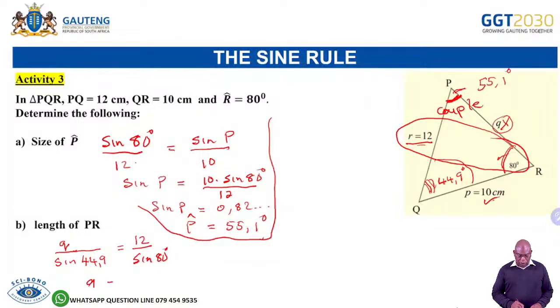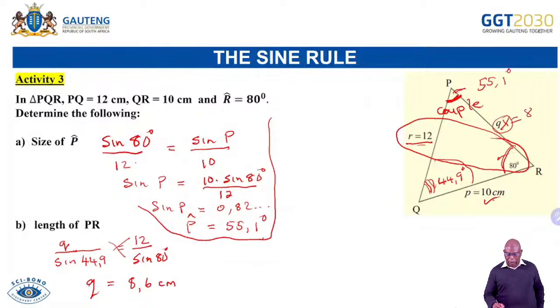Then I can make Q the subject of the formula and cross multiply. Then I have 12 multiplied by sine 44.9, then divide by sine 80. And I think that one will be 8.6 centimeters. So the length of that side here will be 8.6 centimeters.